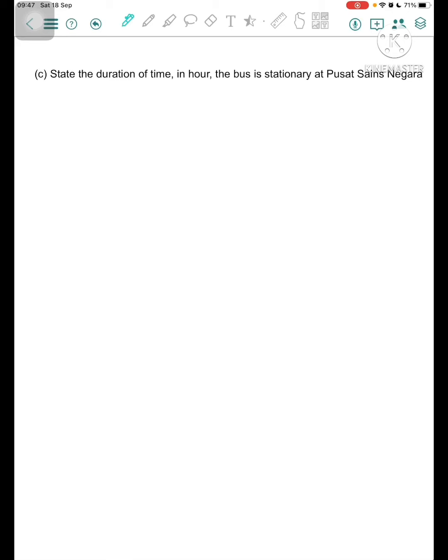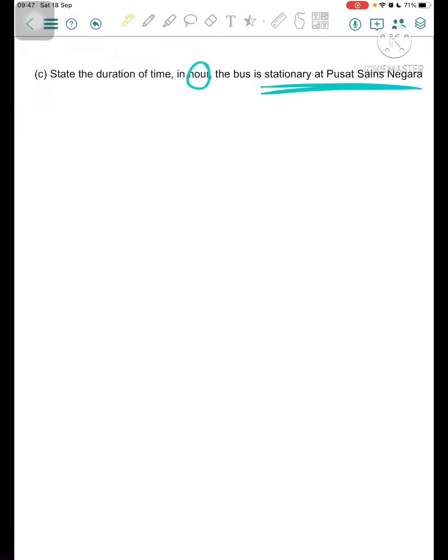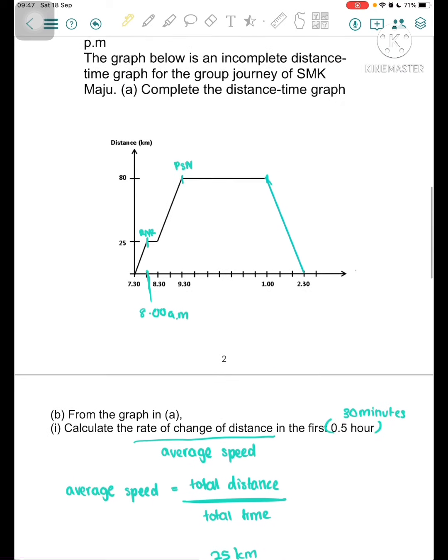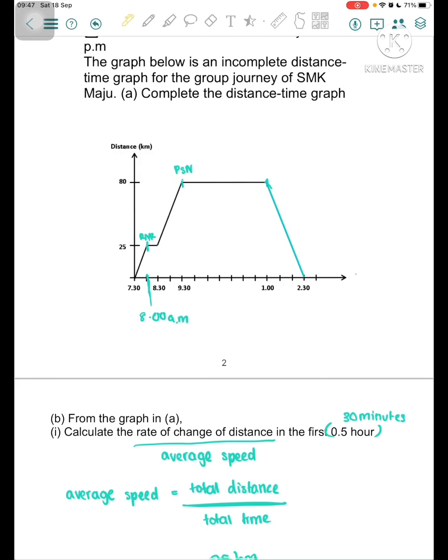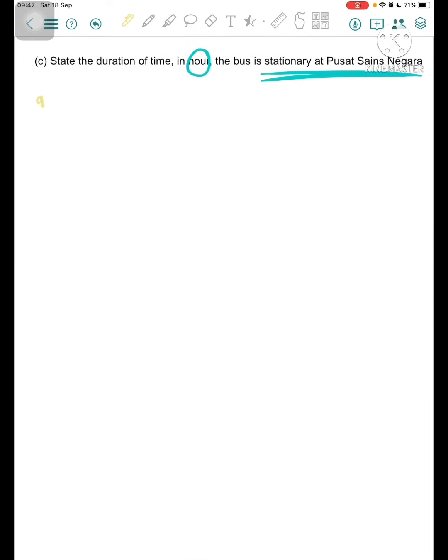State the duration of time in hour the bus is stationary at Pusat Sains Negara. So, stationary at Pusat Sains Negara is between 9:30 a.m. until 1 p.m. So, we just write 9:30 a.m. until 1 p.m. is equal to how many hours?